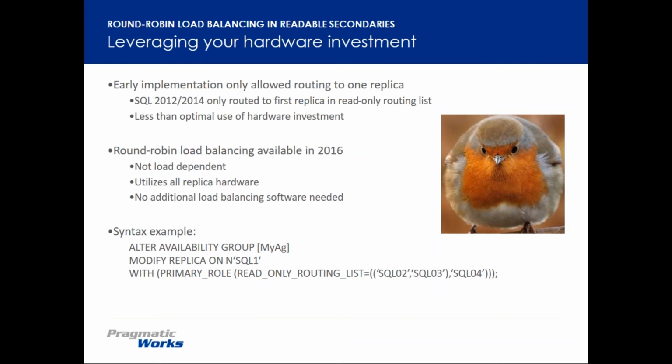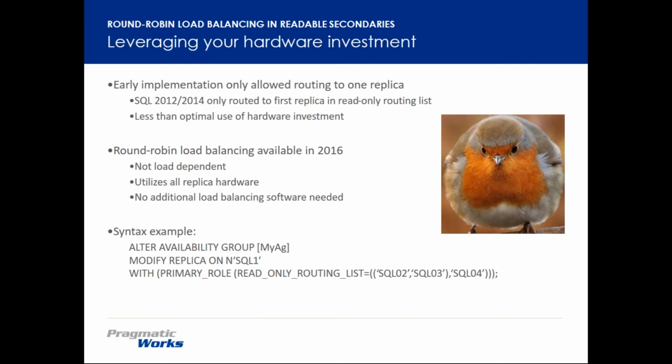So I've worked at a lot of customers where maybe they had an availability group of 4 replicas, 1 primary, 3 secondaries. That represents a pretty significant hardware investment, and prior to 2016, you were basically paying for insurance as opposed to doing anything else.